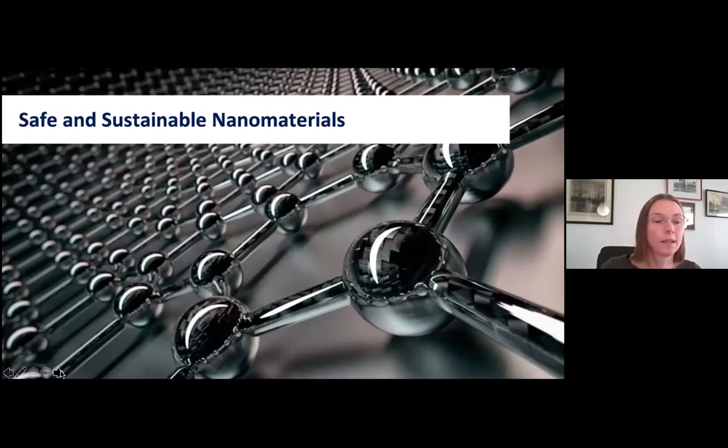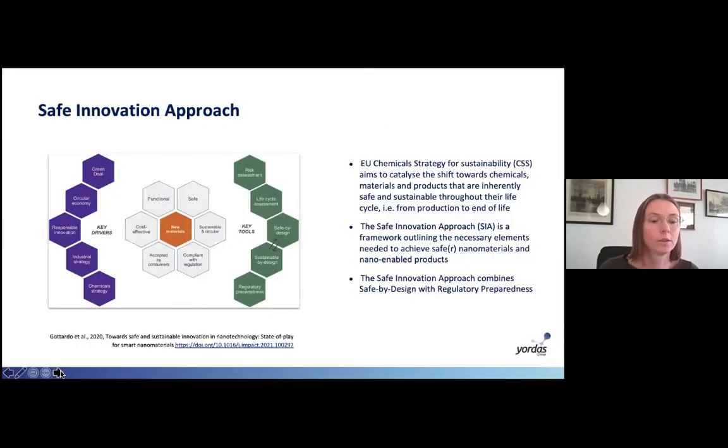So safe and sustainable nanomaterials. So just a bit of context around this. In the field of nanomaterials, there's this concept of safe innovation approach. And it's basically a framework outlining the necessary elements needed to achieve safer nanomaterials and nano-enabled products.